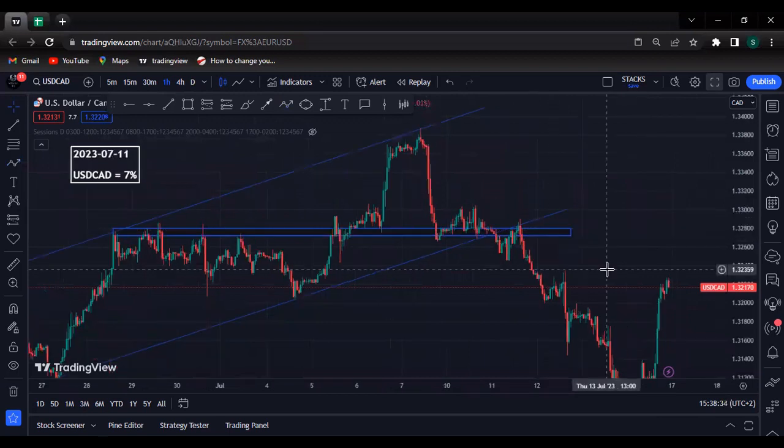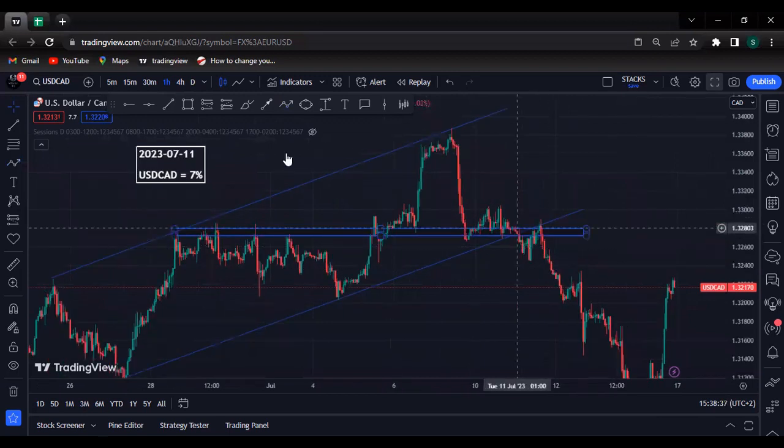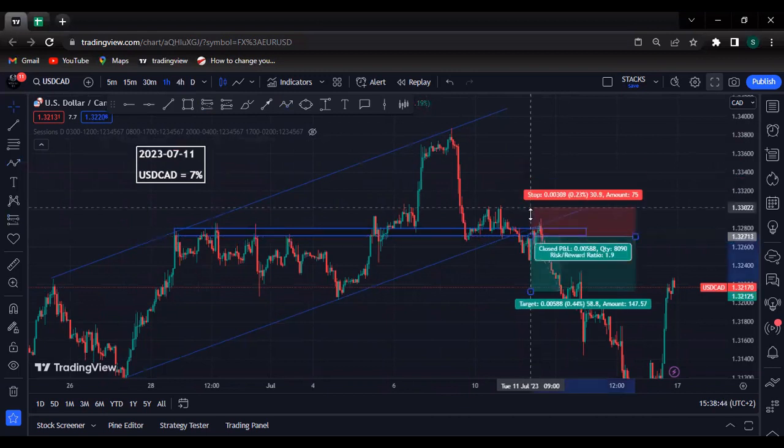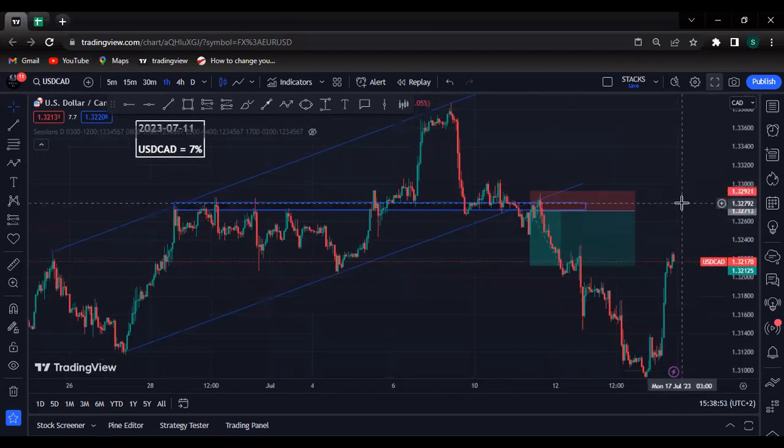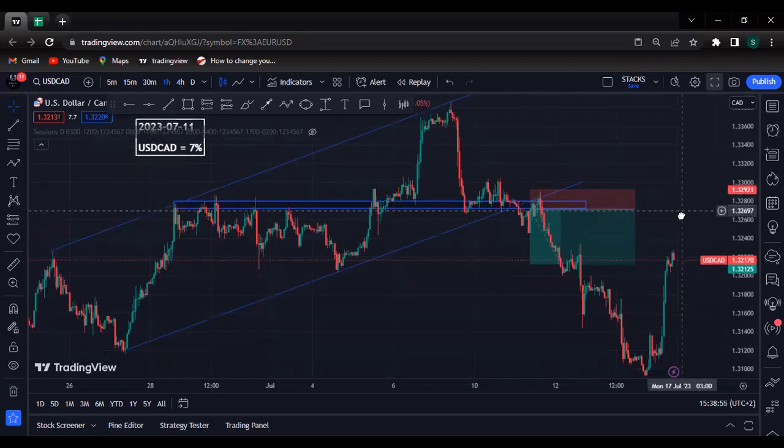Then once price actually broke this trend line, I took my entries by these candlesticks right over here with my stop loss roundabouts here. And this trade was so interesting because it almost took me out by just a pip.